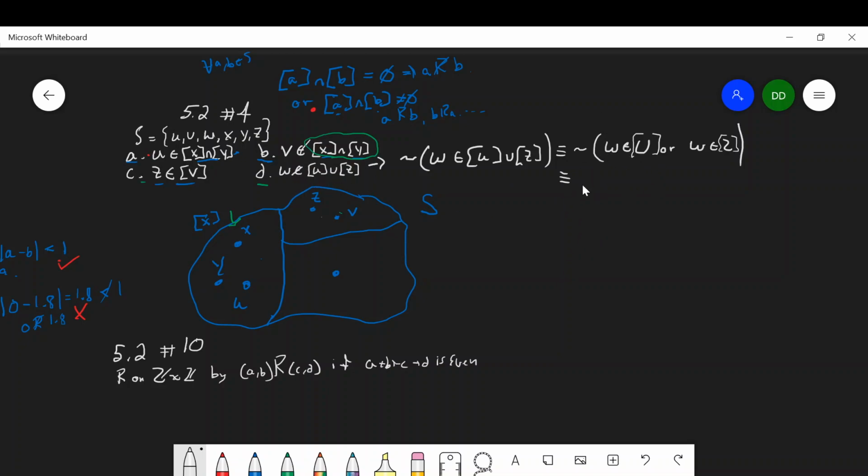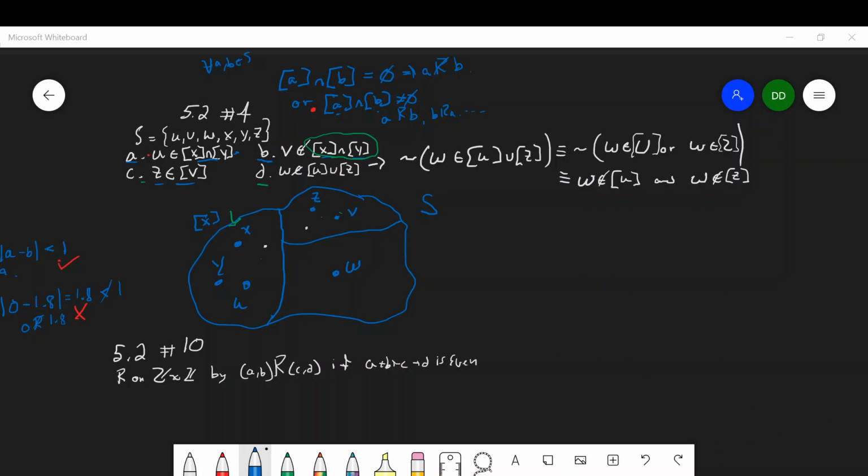Well, it means that W is not in the equivalence class containing U and W is not in the equivalence class containing Z. So it's outside of both of those things. Here's the one containing U, here's the one containing Z. It must be outside of those two things, and so W must be over here by itself. And that's how we can piece through that solution.